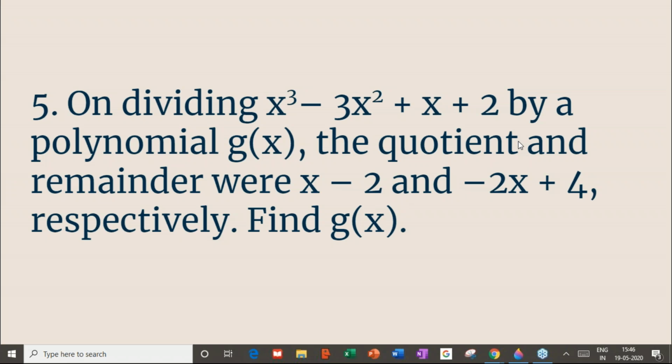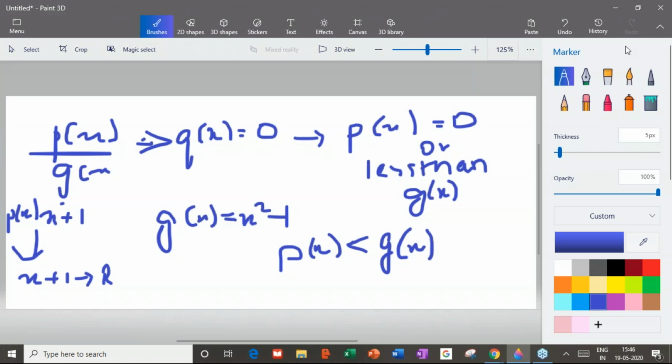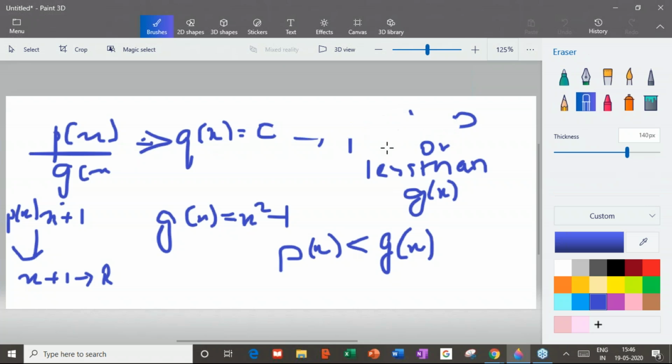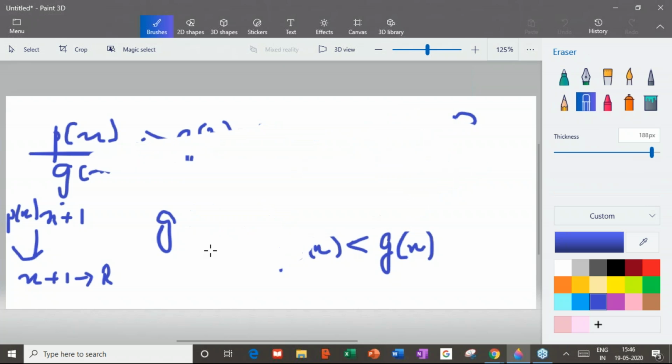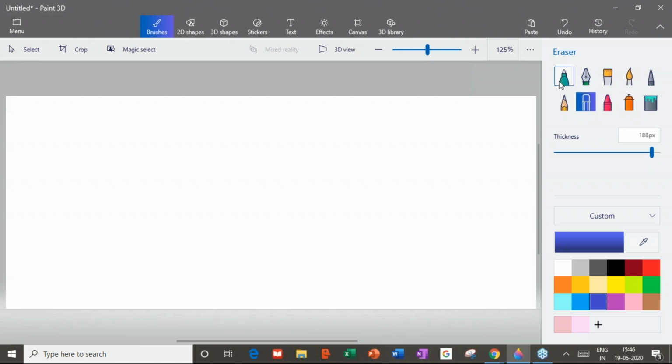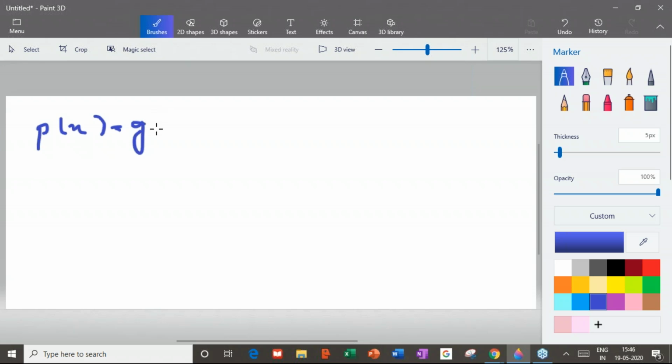When you use, okay, I'll just show you. Let me see. Maybe if I show you the first two steps, you'll get the hang of what I'm saying. Okay, so here p of x is equal to g of x into q of x plus r of x, right?